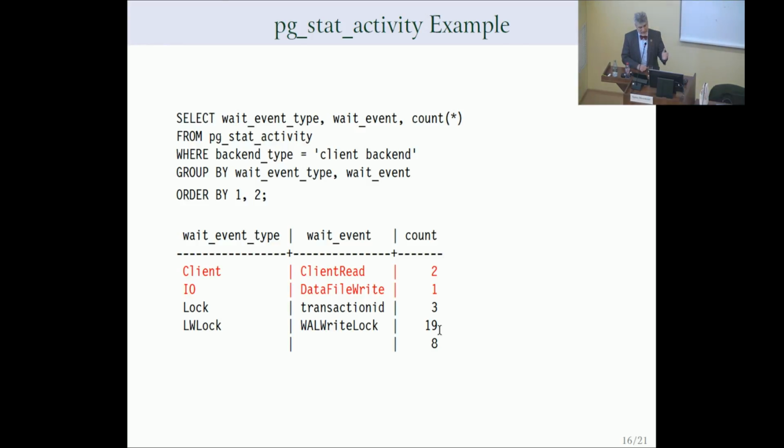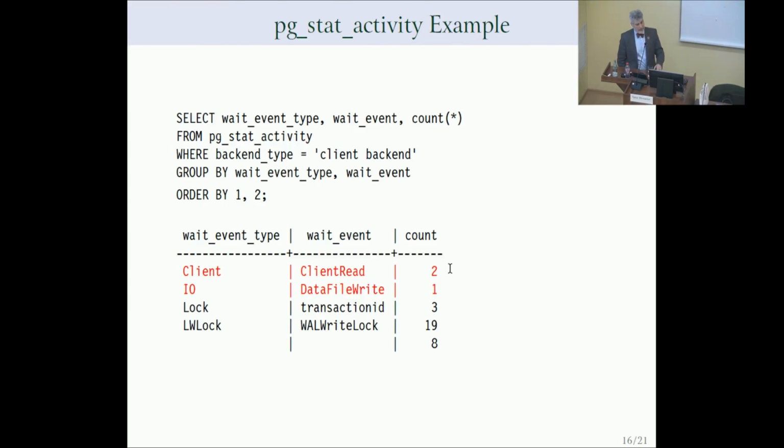These are features from 9.6. And up here in red in Postgres 10, we have new wait events, client read, and data file write. This is new output, new types of wait events for Postgres.